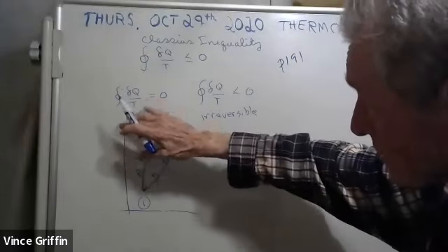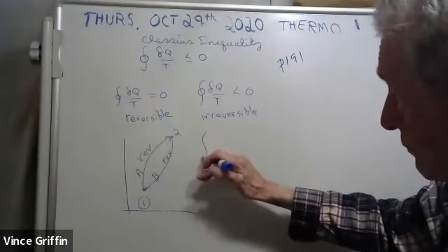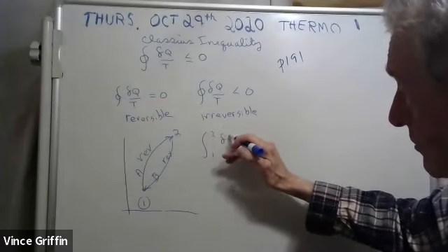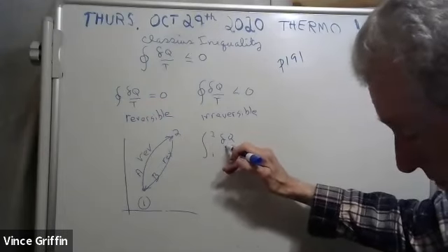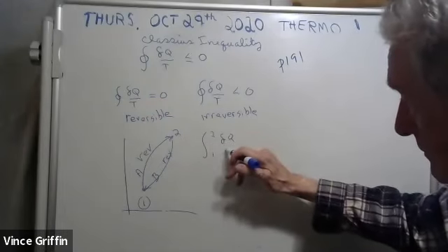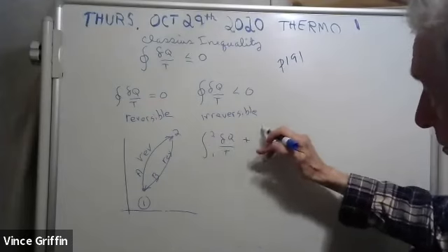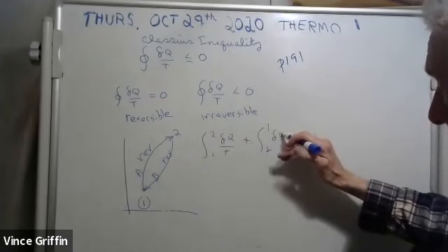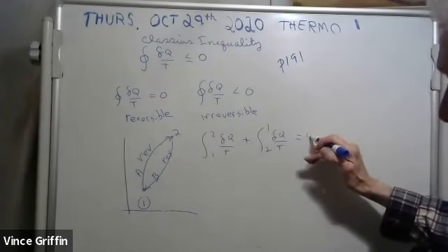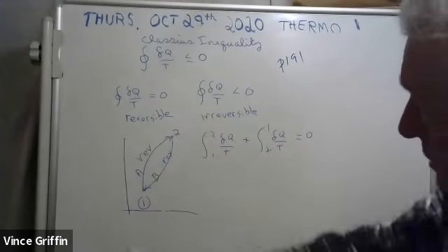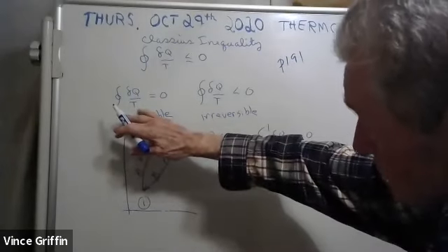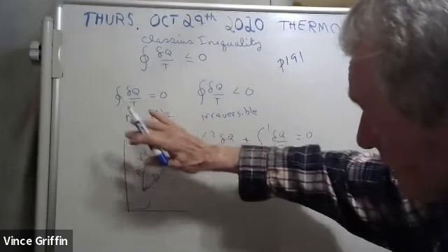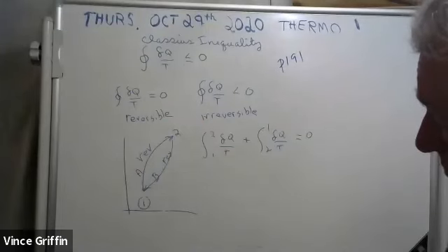Everything's reversible, so you'll get from 1 to 2, dq over t, plus from 2 to 1, dq over t, will give you 0 for that cycle because all processes are reversible, and for a reversible cycle, this thing is 0.